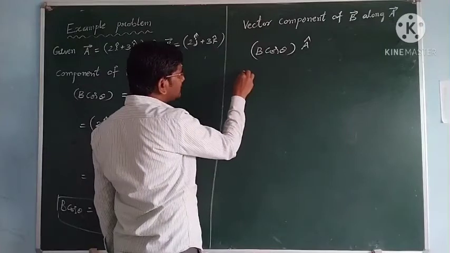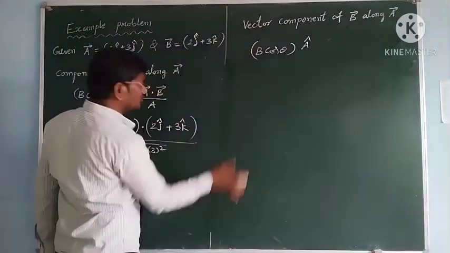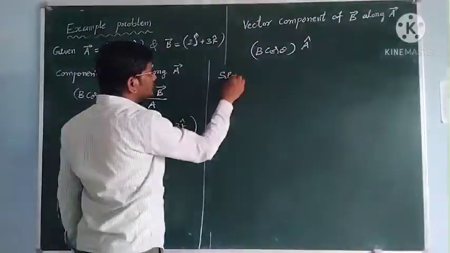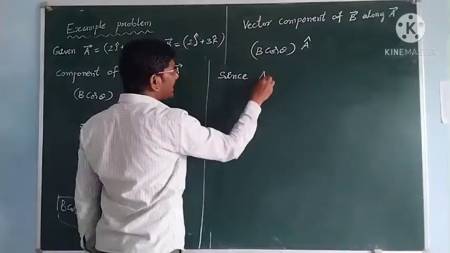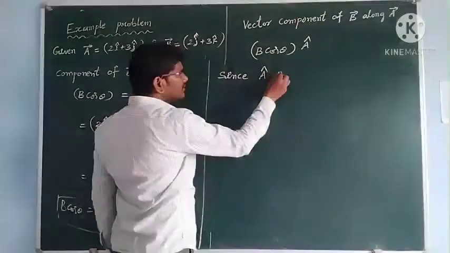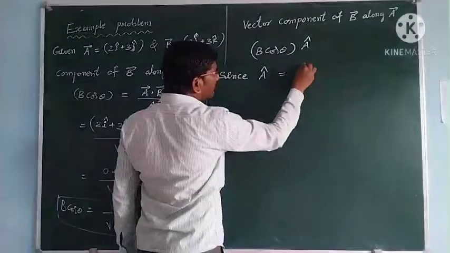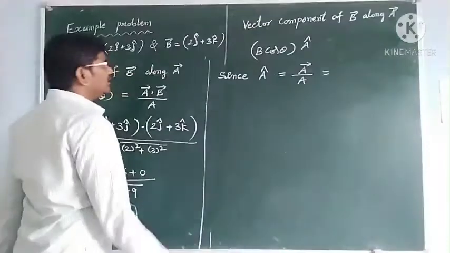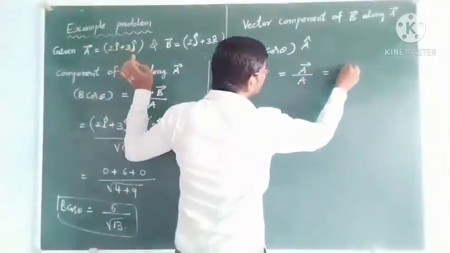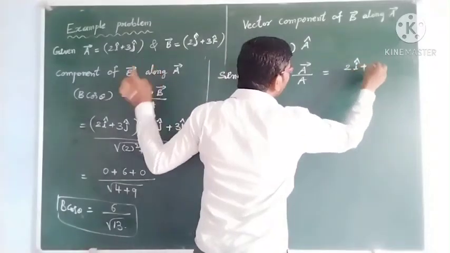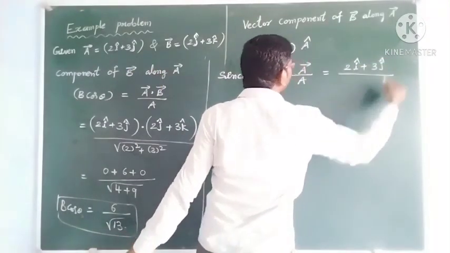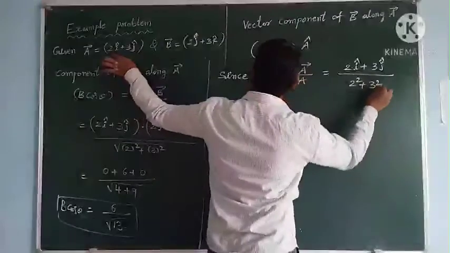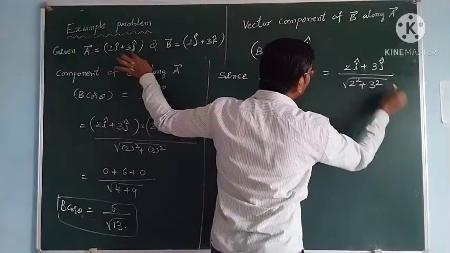How will you calculate? Since a cap is a unit vector, a cap is equal to a bar vector by its magnitude. a bar vector is 2i cap plus 3j cap, by its magnitude, means i coefficient square 2 square plus j coefficient square 3 square, whole root.